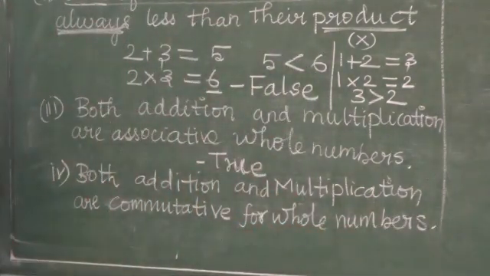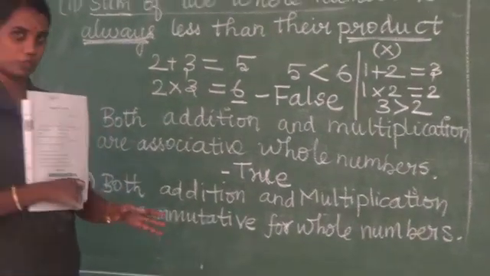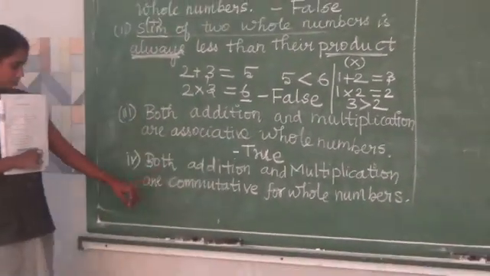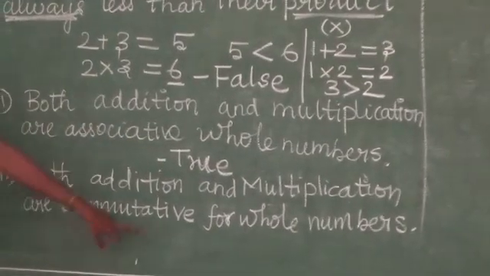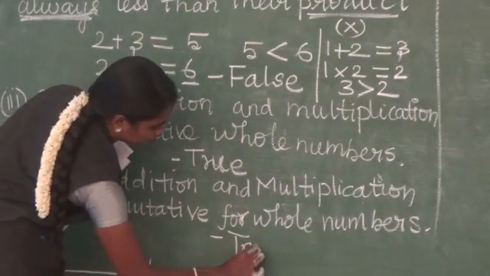We know that addition and multiplication satisfy the commutative property also, associative property also. Here it's given associative for whole numbers, it's a true statement. Likewise, both addition and multiplication are commutative for whole numbers also. So the given statement is true.